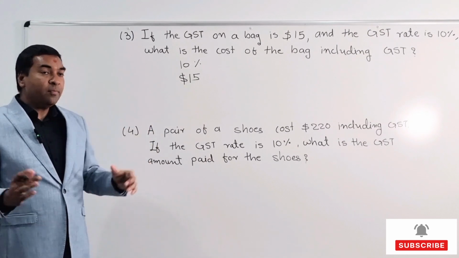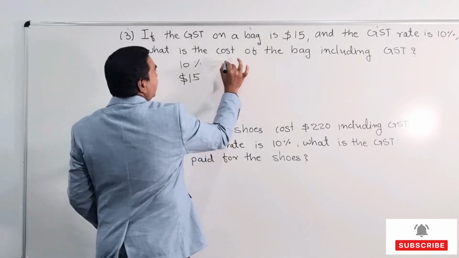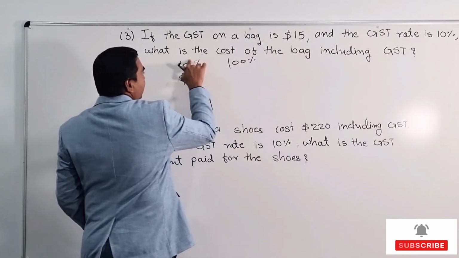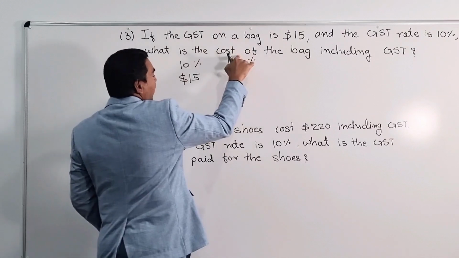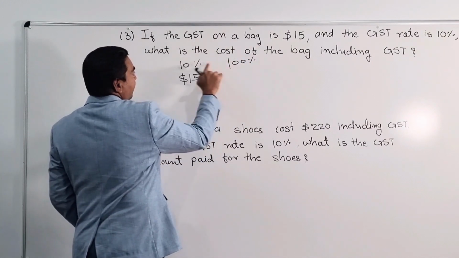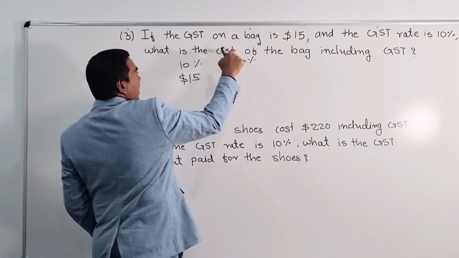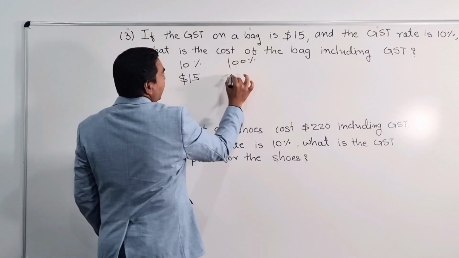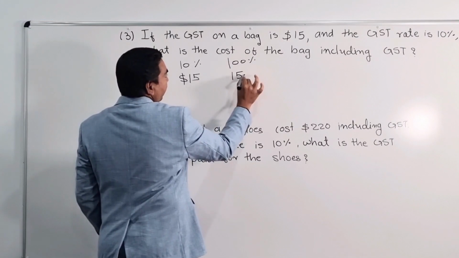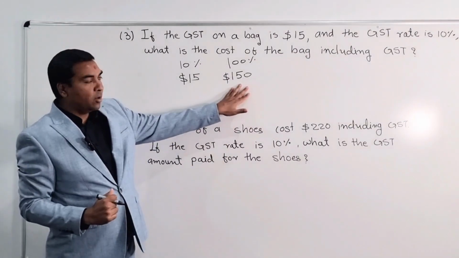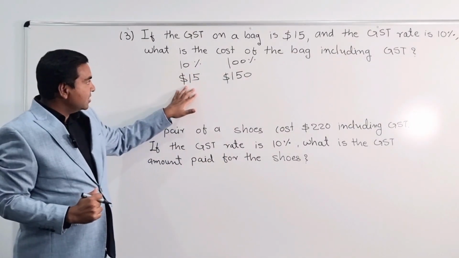Now the original price before GST is always 100%. If I know the 10% and want to find the 100%, that's quite easy. I can just multiply by 10, because 10% multiplied by 10 is 100%. So $15 multiplied by 10 is $150. So the original price is $150 and 10% is the GST.